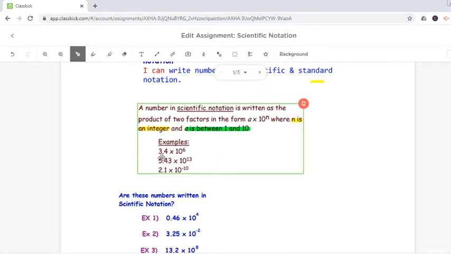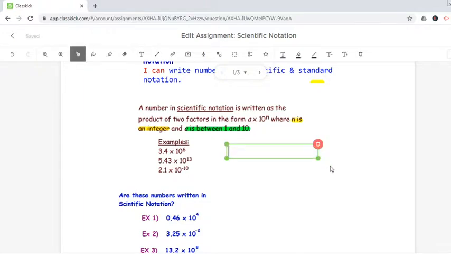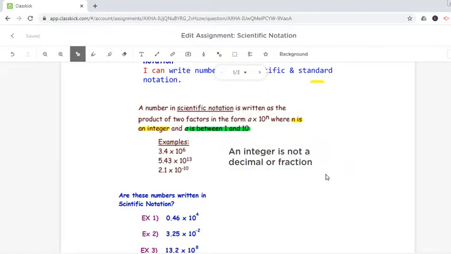All right, so first, an integer is not a decimal or fraction. That's important to remember.